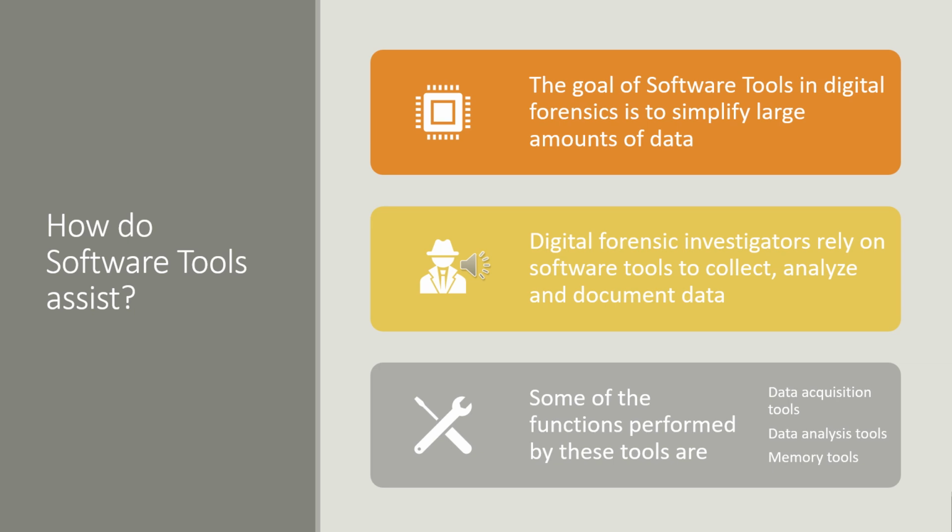They must be complex in nature to be able to handle and process large amounts of data. Efficiency is also key, as investigators often have to work under time constraints. The primary function of those tools have been listed above, and in the next slide I will list a few popular tools and provide an overview of their functions.